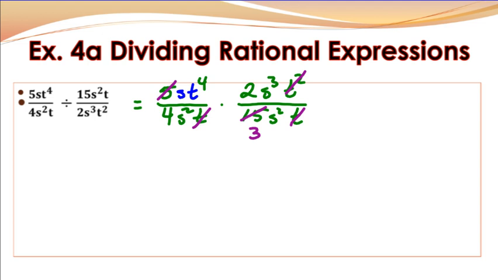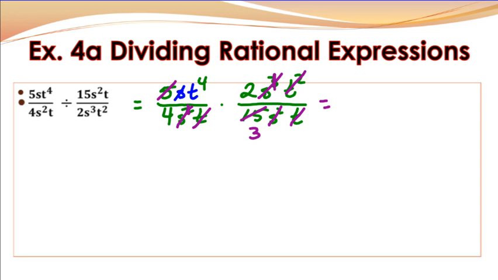I know I can do s squared and s cubed. That leaves me with 1s up here. I can divide this 1s out and I have one less s down the bottom, and then this s divides out. And now I can multiply straight across.